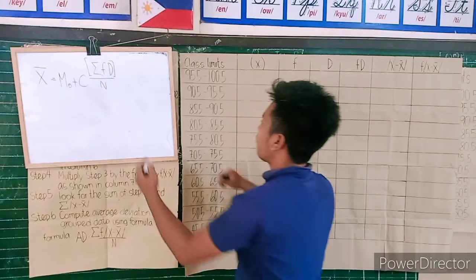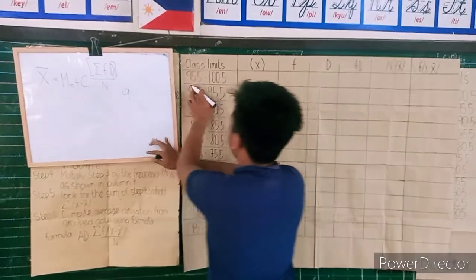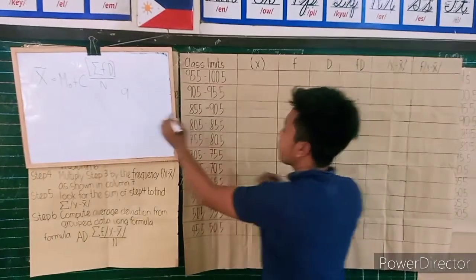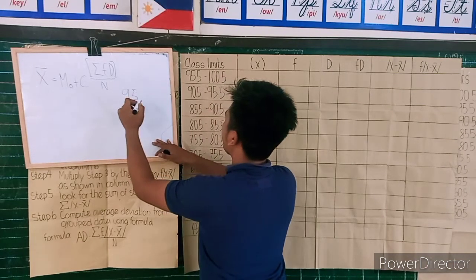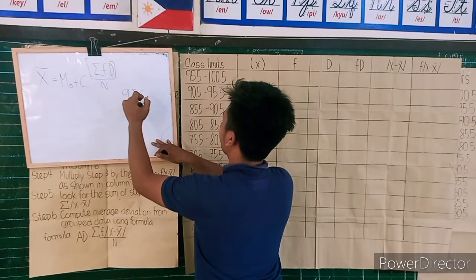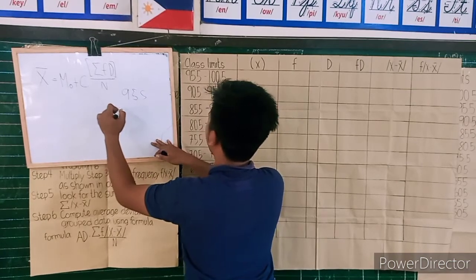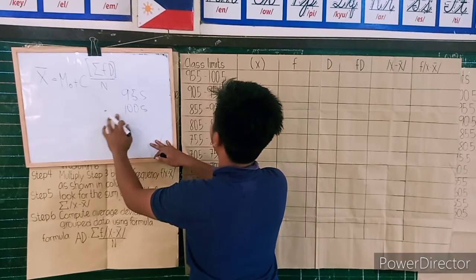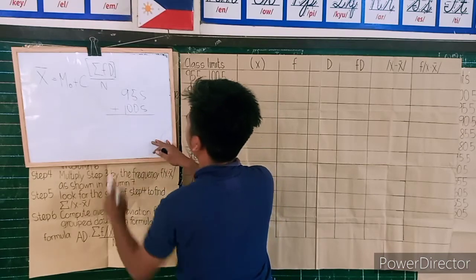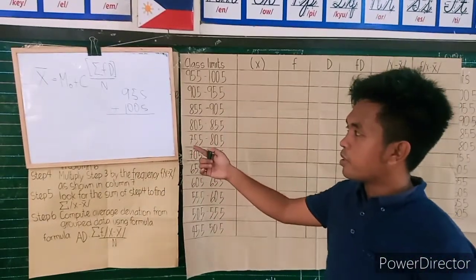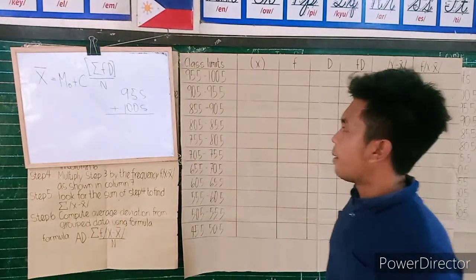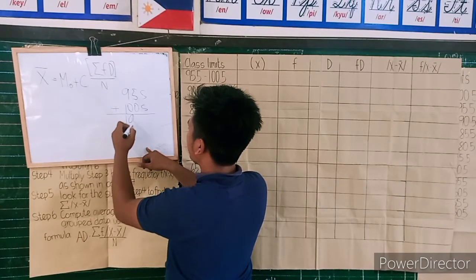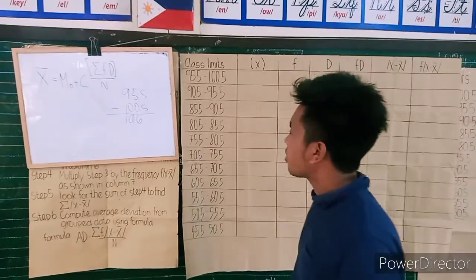We need to add 95.5 plus 105.5. So 95.5 plus 105.5 equals 196 (I mean 201 in the original).